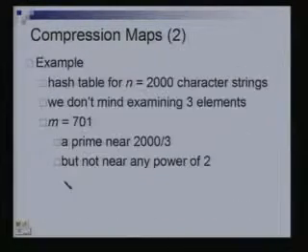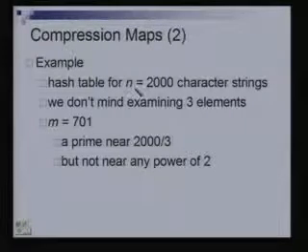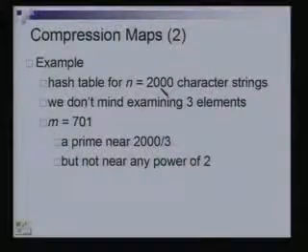To give you an example, suppose I had 2000 strings that I was trying to put into a hash table. I will try to pick the size of my hash table, let's say at 701, which is a prime number. This will ensure that if things went off well, then on an average I would see only 3 strings per location. 701 times 3 is roughly 2000.